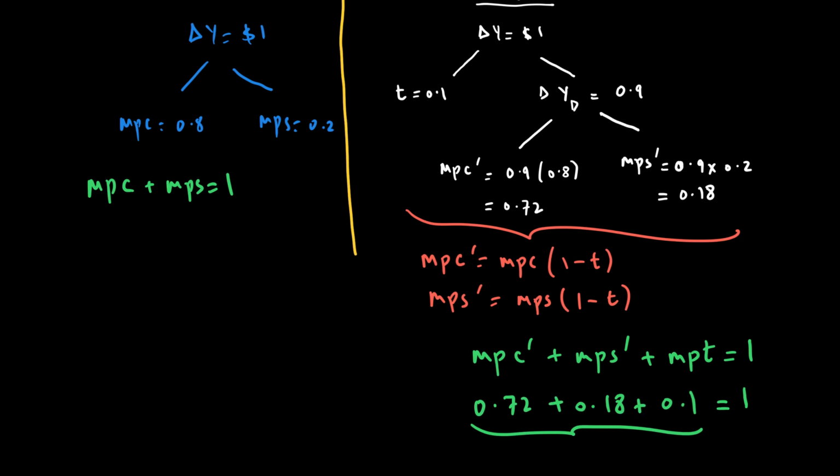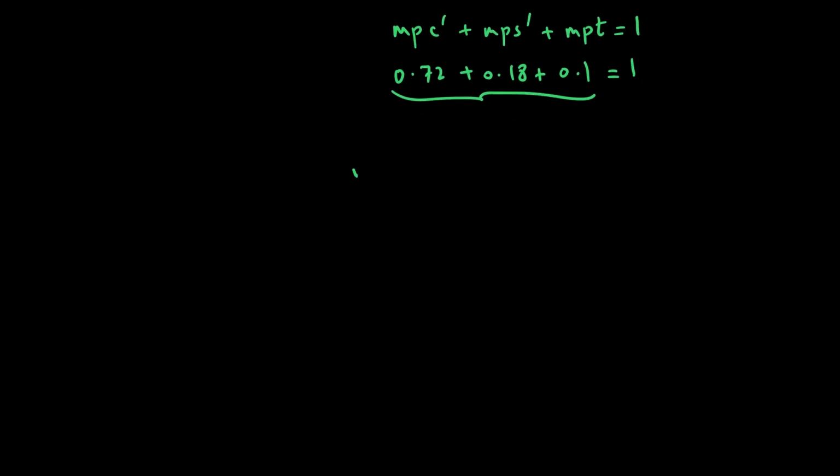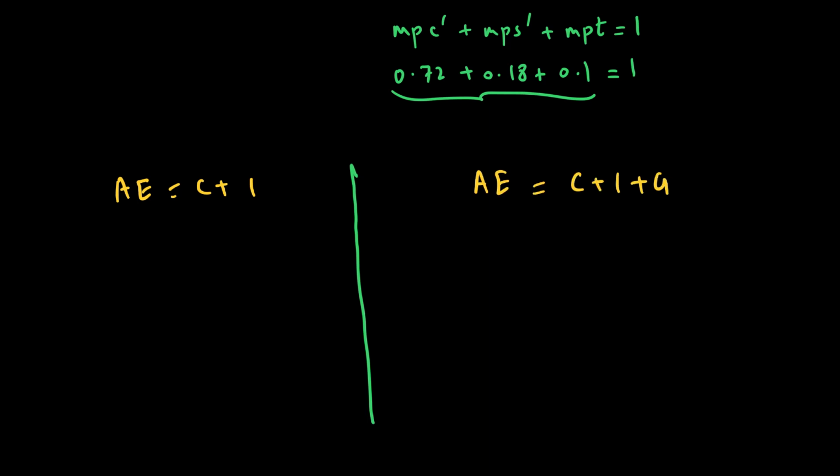Now let's change our equation from two sector to three sector. In two sector, we had A is equal to C plus I. Let me just write that here. While in three sector now I have A is equal to C plus I plus G. In two sector, C was 100 plus 0.8y.